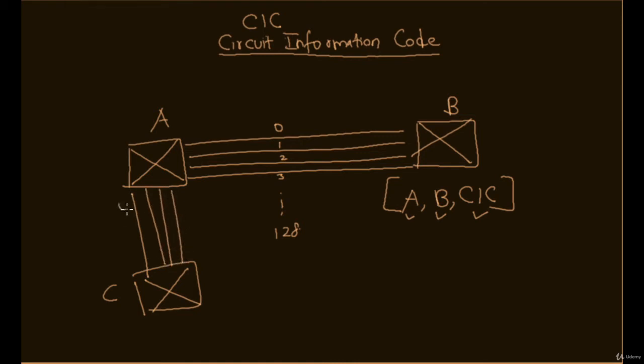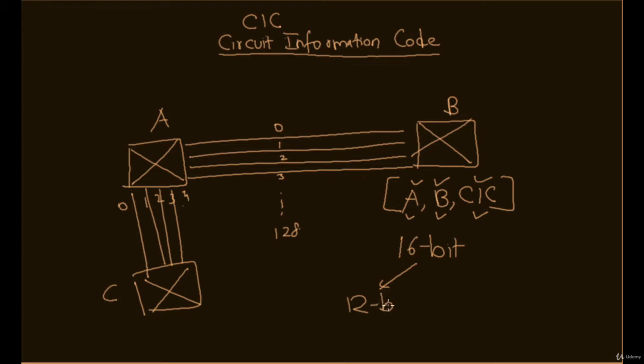So it is possible for CICs to overlap between separate endpoints, but between the same endpoints, it will always be unique. So the point code of origin, point code of destination, and the CIC number is a unique tuple, and it is used to identify one particular circuit for making the communication.